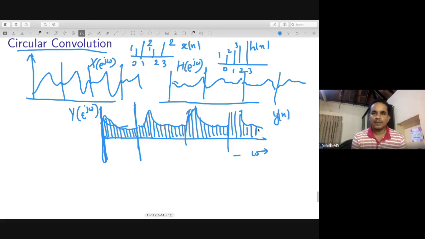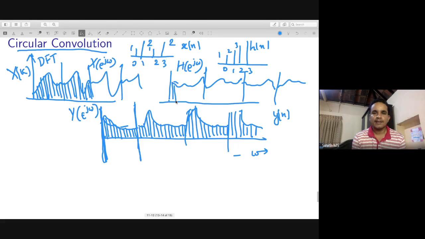So what happened to y of n? When you sample this, when you consider only the samples, what happened to y of n? It becomes periodic, right? So suppose you take the samples of X(e^jω) also. Suppose you take samples of this, and you are considering only one period, basically this is the DFT of x of n, which is X of k.